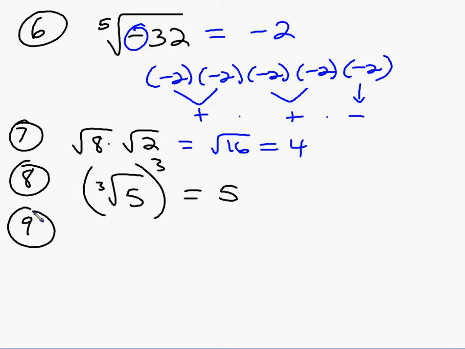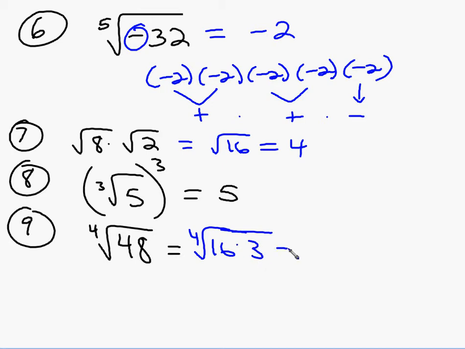How about the fourth root of 48? What we're going to do is we're going to treat this just like before. Do you see a perfect fourth that's in 48? Somebody said it, 16. This is the same thing as the fourth root of 16 times 3, right?